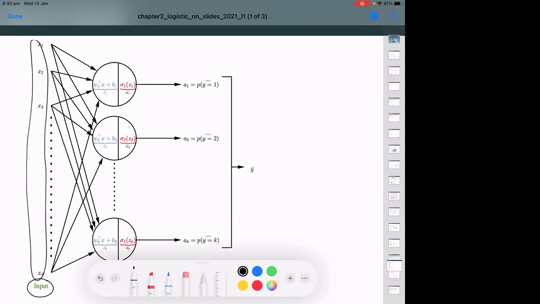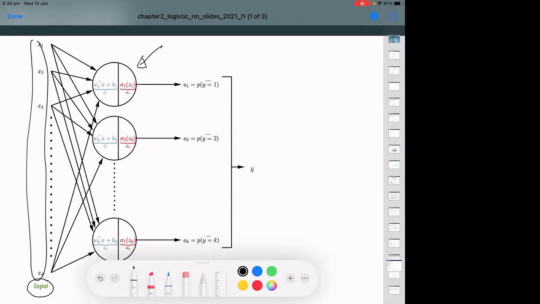The number of units here is given by the application, because we have K classes to discriminate.